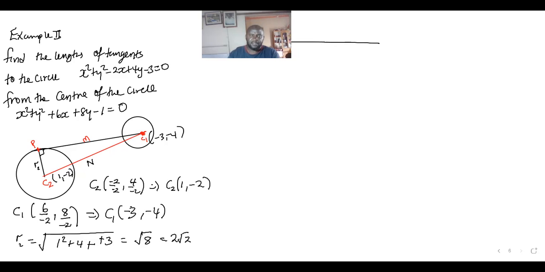So we shall have -3 minus 1 squared plus -4 minus -2, a negative, you get a positivity, squared. This will give us square root of 4 squared plus 2 squared, which will give us 16 plus 4, which is root of 20.